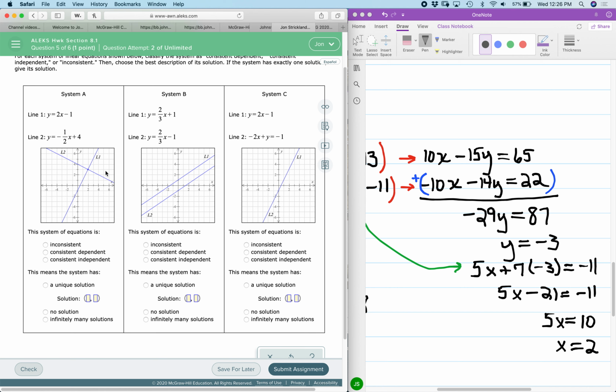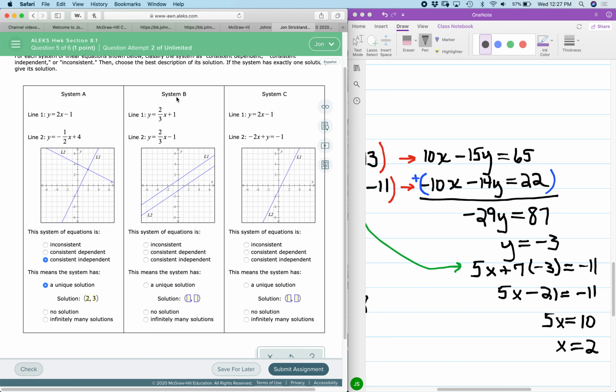So we have one solution, and any system that has a finite number of solutions is going to be consistent and independent. This means that the system has a unique solution since we have one point of intersection. So here we have x at 2, y at 3.